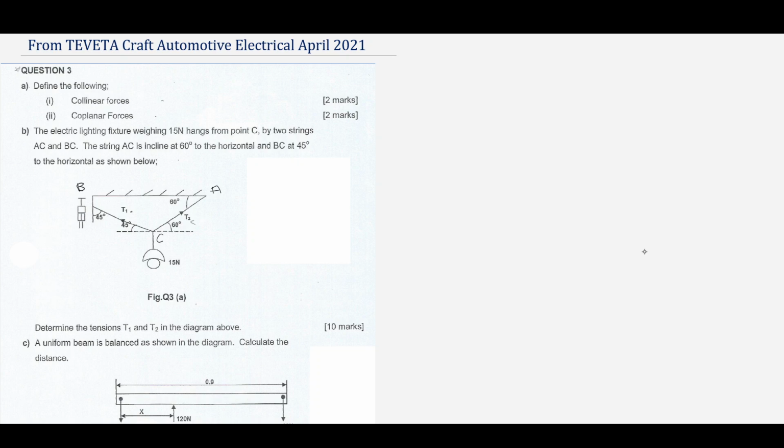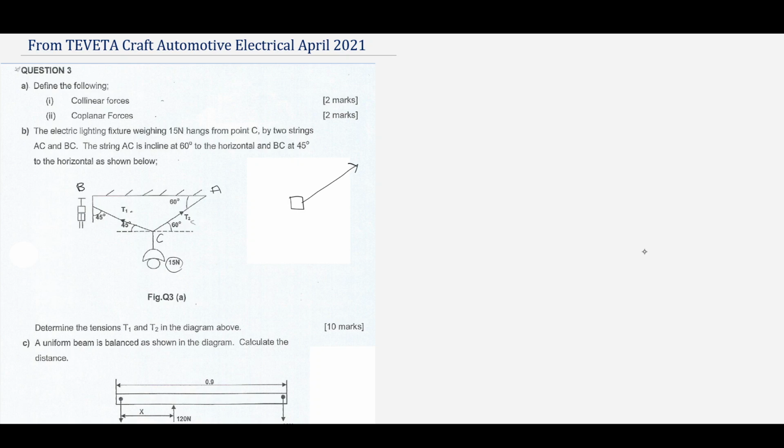The first thing that we're going to start with is we're going to draw a free body diagram, or a force diagram. So we have forces that are acting on this body that is hanging. We have tension forces in the strings, and we also have the weight force, which is the weight of the body. If we are to draw our body, we have forces that are acting.